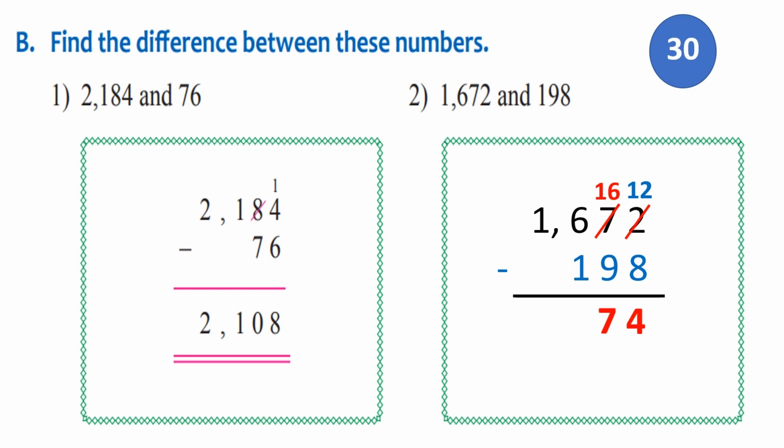Okay, now 5 minus 1 equals 4. Correct, students? And the last number in thousand place, no number here, you bring down 1, and your answer is 1472.